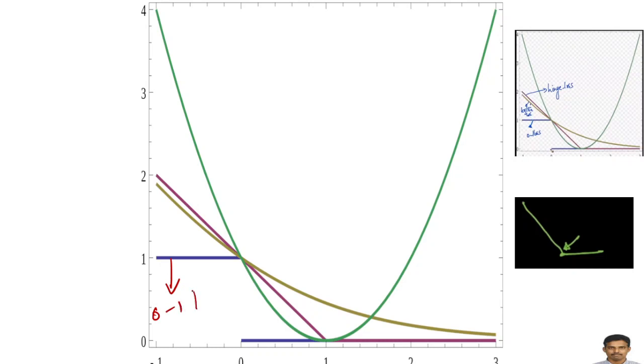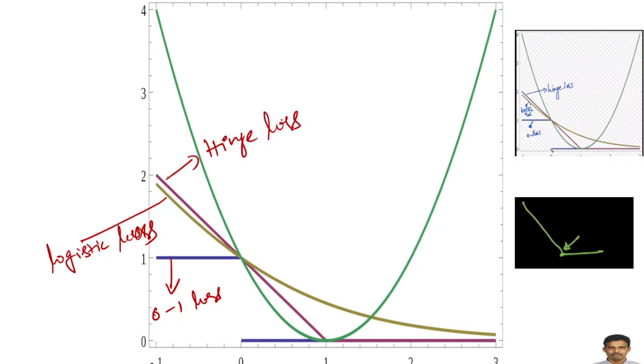The brown continuous line you see is logistic loss. What about the other curve? The purple line is hinge loss. This particular curve is called hinge loss.